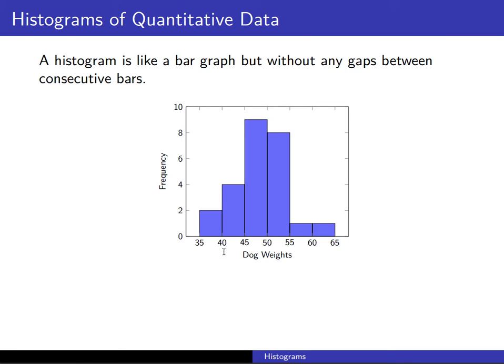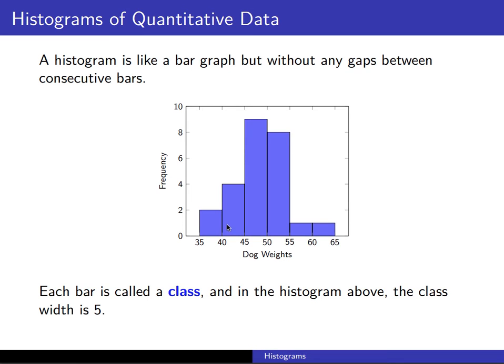Any dog that is 40 pounds or more, but less than 45 pounds, would get counted in this second bar or this second class. So each of these bars in a histogram is called a class, and in this histogram for the dog weights, we have a class width of 5.